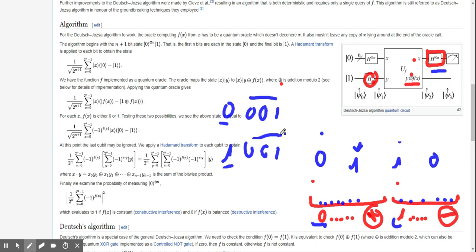So those things stay the same, because 0 plus 0 is 0, 0 plus 1 is 1, so those things stay the same.